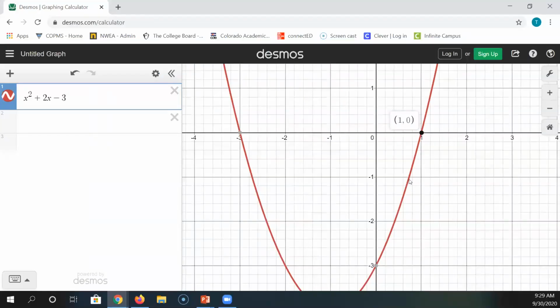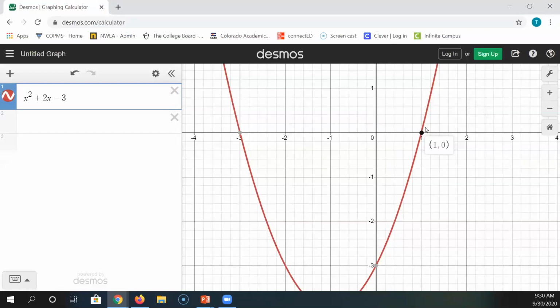But now as I approach from the left and from the right, the closer I get to the x value of 1, I should get closer and closer to 0. And you can see that that is happening. At 0.97, I'm at negative 0.11. If I go just a little bit farther right, I'm getting closer and closer to 0 from the left, and closer and closer to 0 from the right.